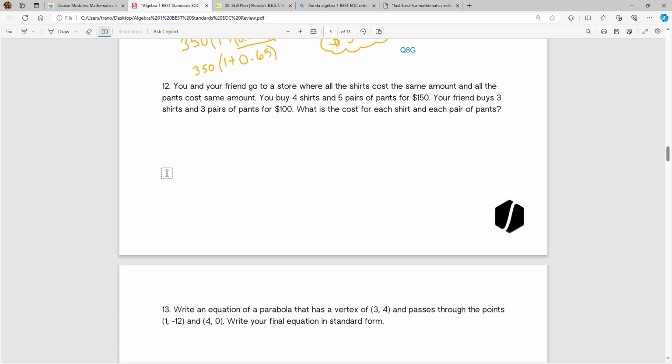What is the cost for each shirt and each pair of pants? So I'm right away going to highlight my keywords. So I go to the store, and I buy 4 shirts and 5 pants, and my total is $150.